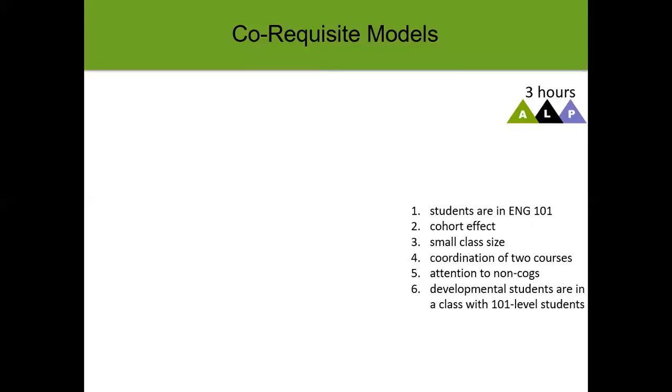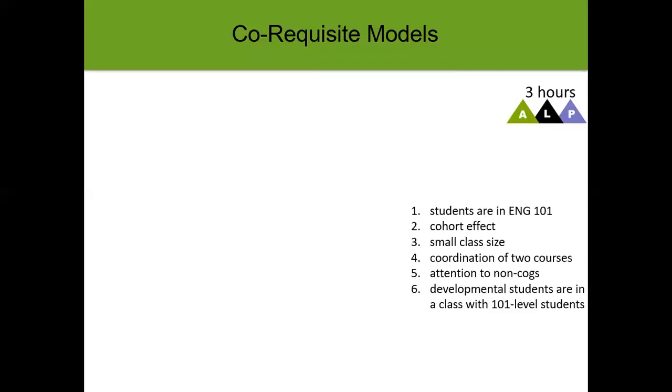We think the fact that they are in a class with 101 level students, I guess what I would say is this factor really addresses the stigmatization that goes with being placed in a developmental course, or as our students usually call it, a remedial course. They're in a college level course, and they no longer feel that they're sort of being ostracized from the real college and kept in a holding pattern until they prove they can do it.